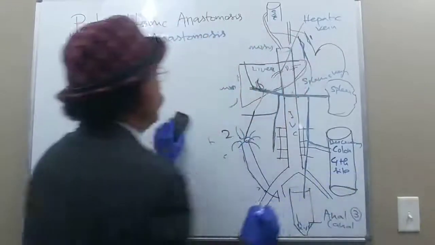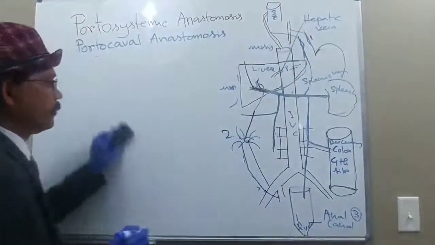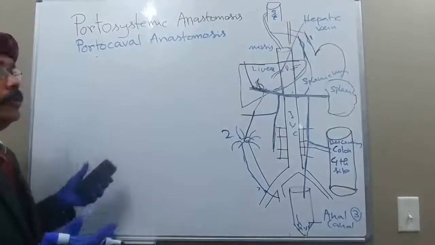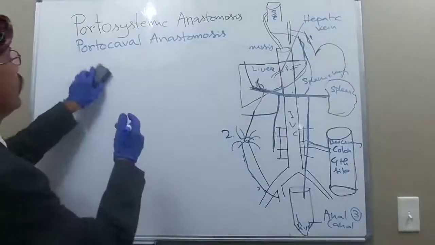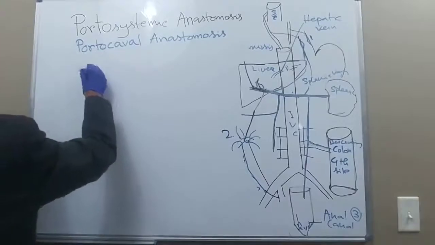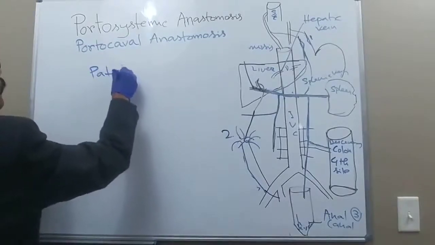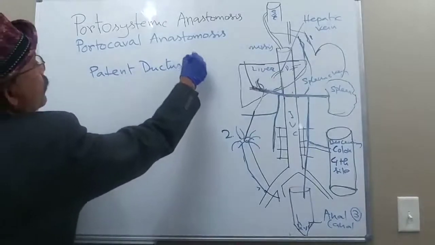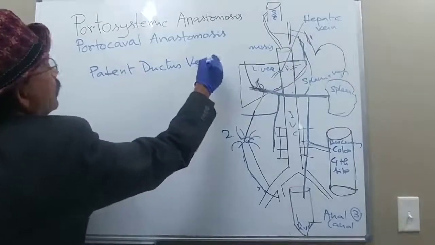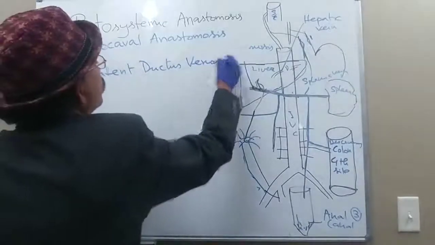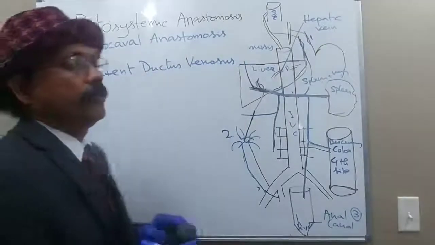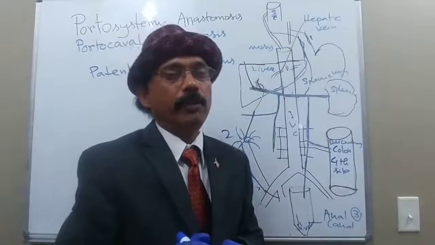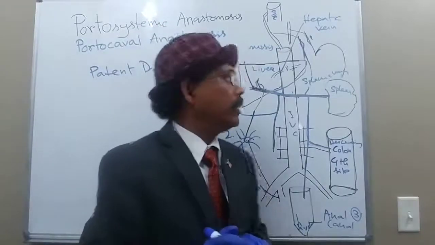Now we'll find out a few more things, like the patent ductus venosus. This doesn't happen usually, but on rare occasion, the ductus venosus connects the left branch of the portal vein to the inferior vena cava directly.